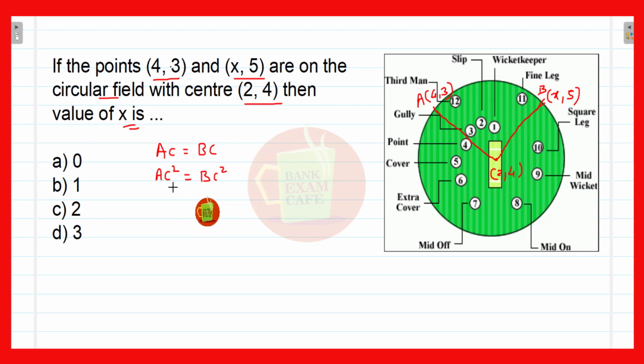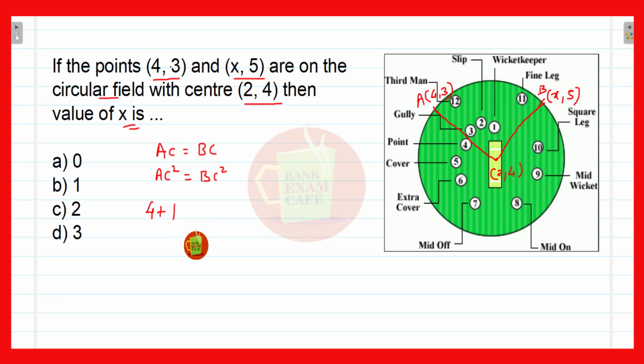And so here, friends, AC square is (x2 minus x1) bracket square. So x2, that is 4 minus 2, will be 2, and 2 square will be 4, plus (y2 minus y1), that is 3 minus 4, that will be minus 1, and its square will be plus 1.